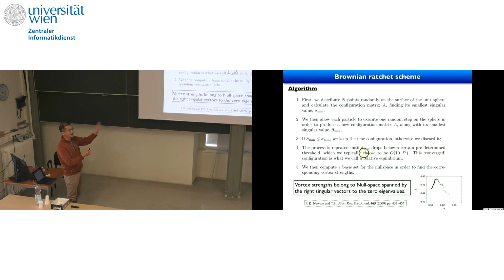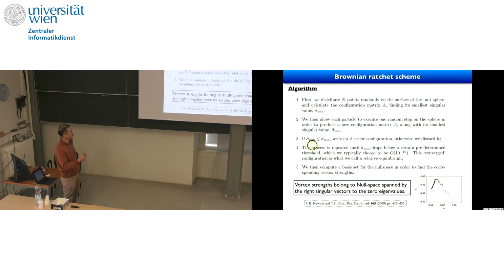Otherwise, we discard the trial. The process is repeated until the smallest singular value drops below a certain predetermined threshold, for instance, on the order of 10 to the minus 10th. Then this convergent configuration becomes a relative equilibrium, because the configuration matrix has the smallest singular value lower than 10 to the minus 10th, up to numerical tolerance.